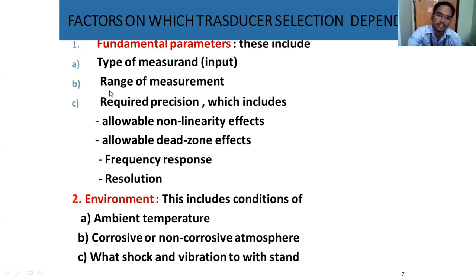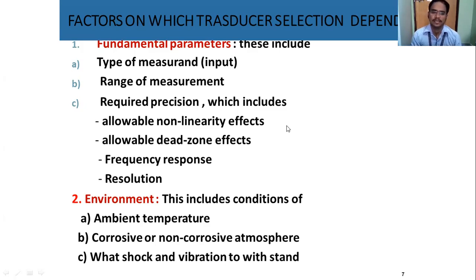Next, it depends on the range of measurement, and on the precision and accuracy levels. And it depends on the allowable non-linearity effects, allowable dead zone effects, frequency response, and resolution.